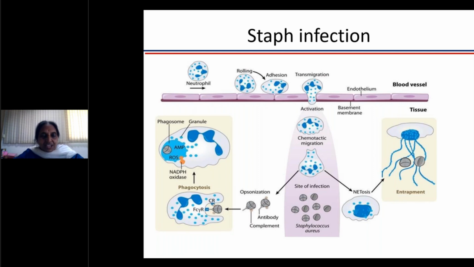I showed you yesterday that the antibody has two components. One is the antigen binding site. The antigen binding site will bind to the staph aureus, and the Fc portion will be free. So the Fc portion can then bind to the Fc receptor.